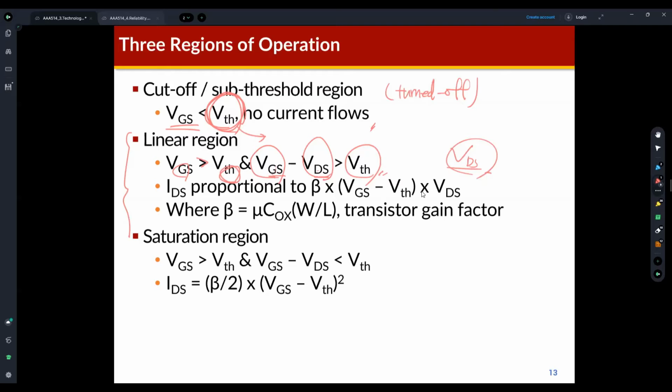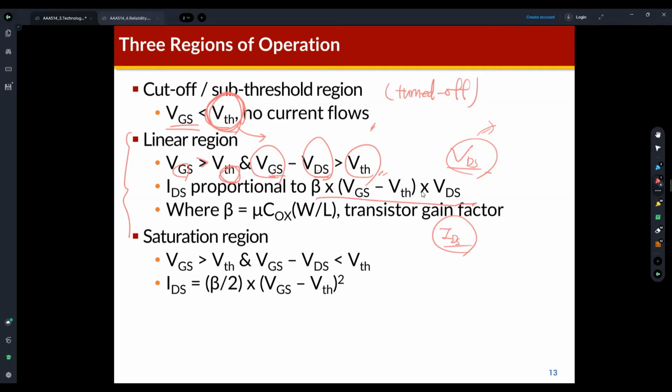Then this is the linear region. So the current IDS flows between source and drain, and this IDS is proportional to this level.